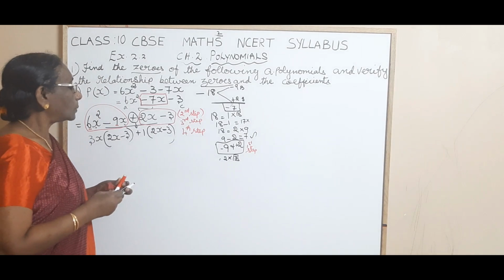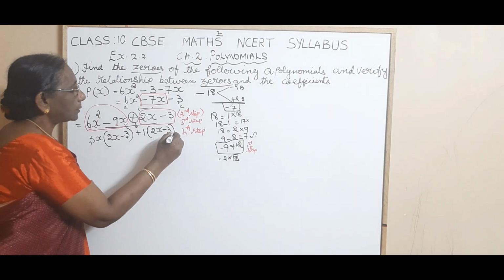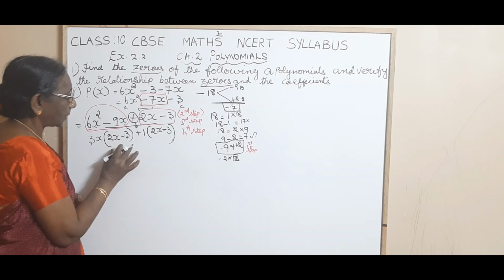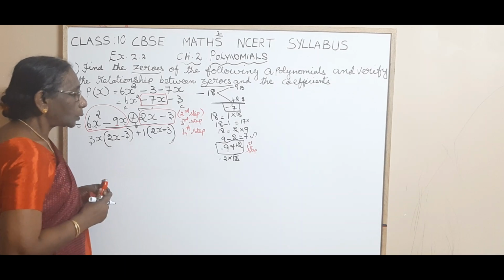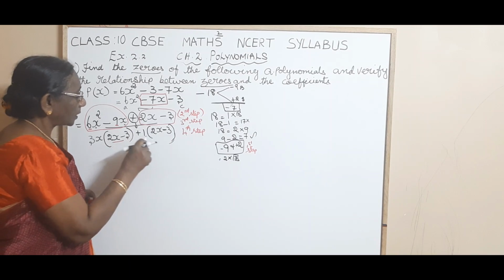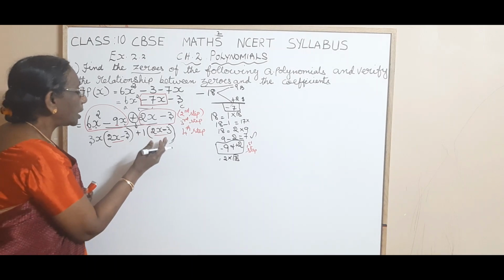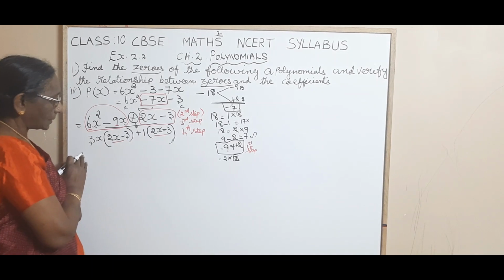Okay. And now let us factorize this. Here also you have 2x minus 3, here also you have 2x minus 3. So what do you have to do? You have to take this 2x minus 3 as a common factor.